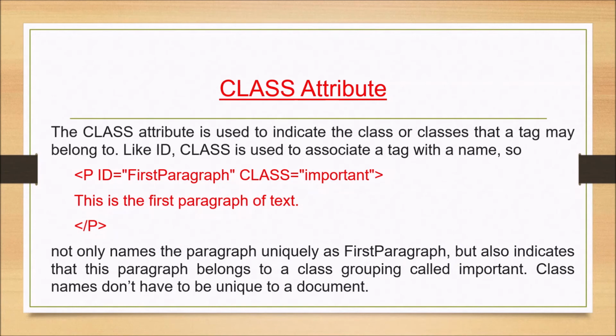We also use the class attribute, which is used to indicate the class or classes that a tag may belong to. Like ID, class is also used to associate a tag with a name.